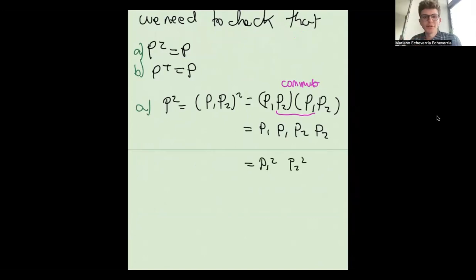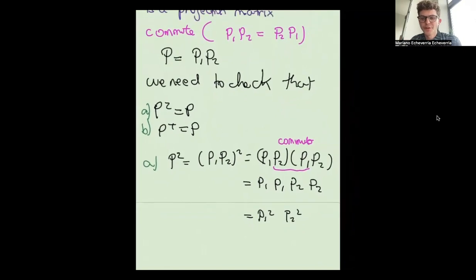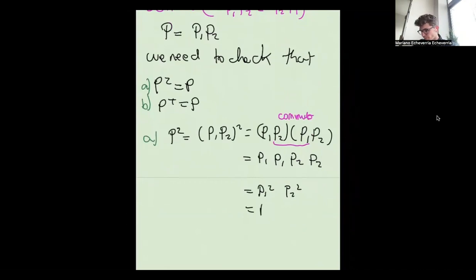Now what can I use to finish this up? You can use the definition of projection matrices: each of them is equal to its square, so it will just be the same as the original.